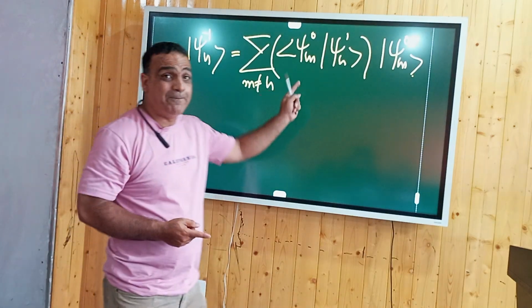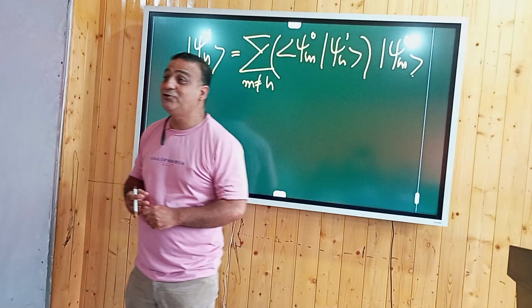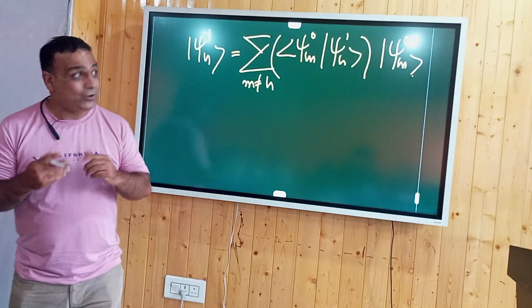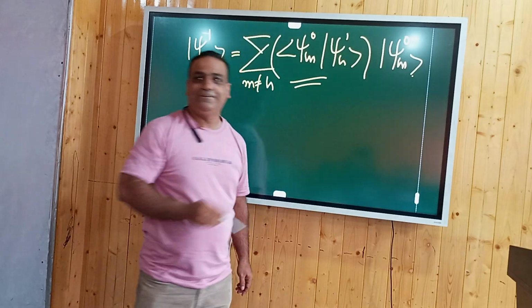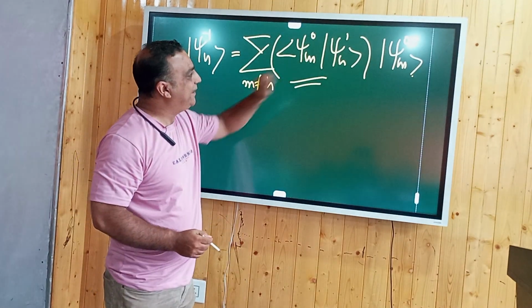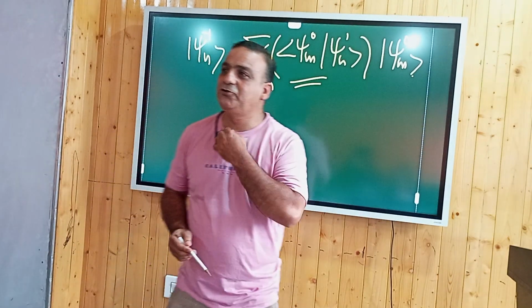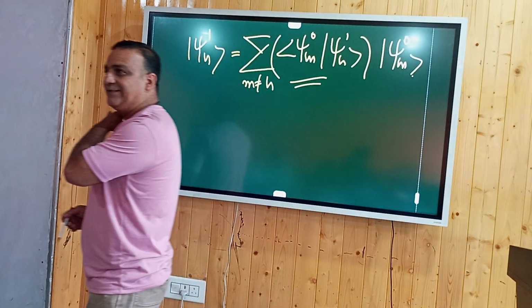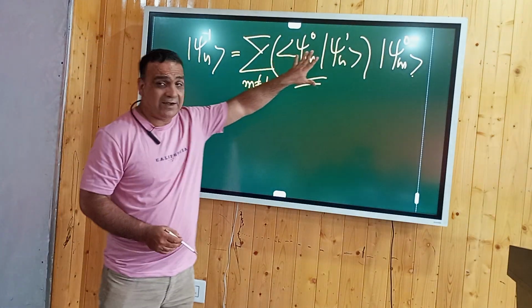Because you have two different bases. So here, this thing is not equal to 0. So this thing we would like to calculate. If we calculate this, we have obtained the first order correction to the energy eigenvector. Clear? Okay, so can I move? So this is my target.